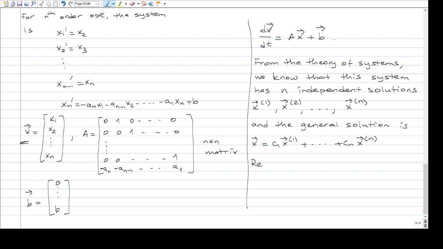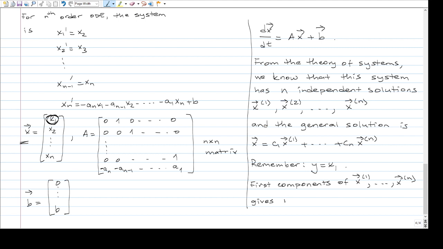Remember, our unknown function y is the first component of our vector function x. So the first components of the vector solutions x1, x2 up to xn give, since we have n solutions, n first components.